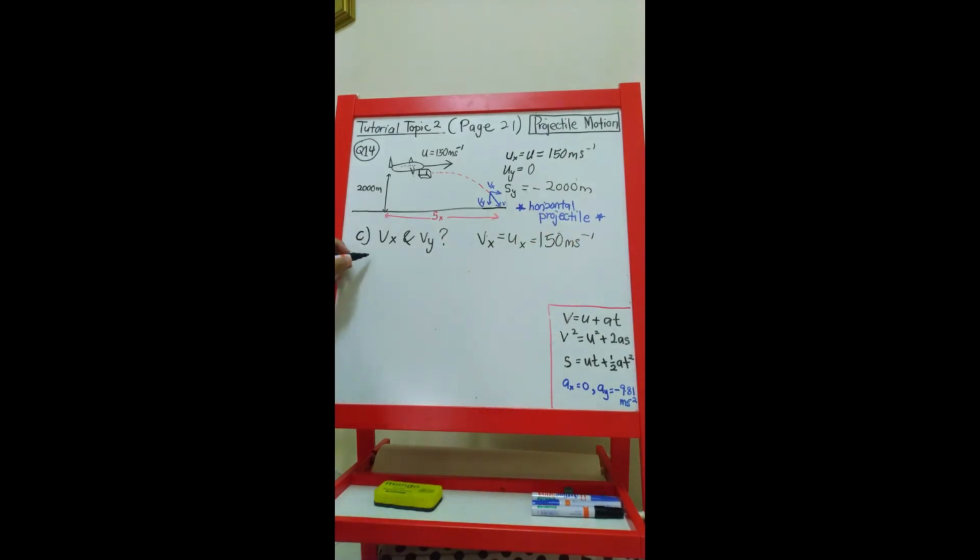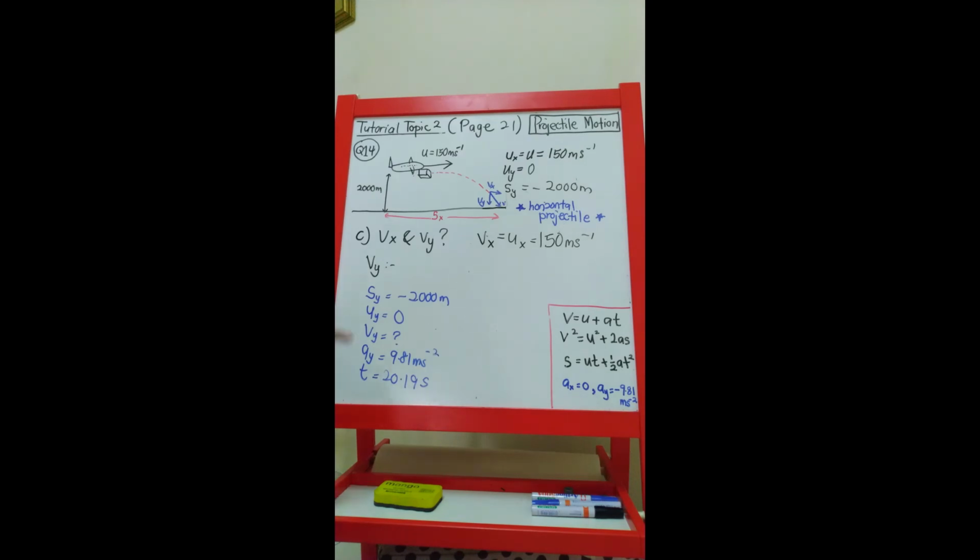So the problem is vy here. So we need to do SUVAT. So y component. sy we have 2000 meters, uy we have 0, vy we want to find, ay equals 9.81 meters per second squared, and time is 20.19 seconds from part A that we found.